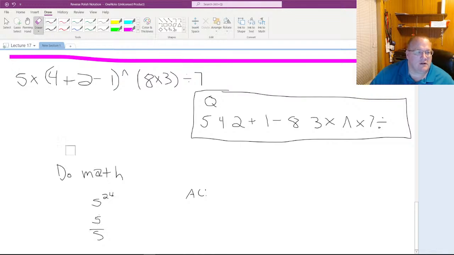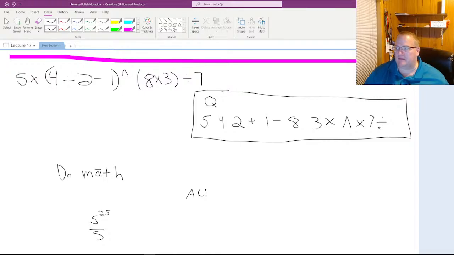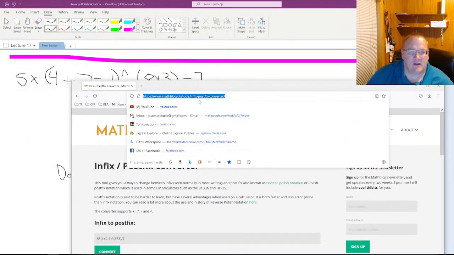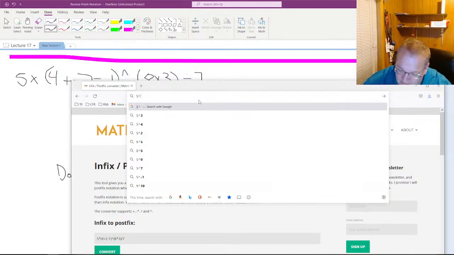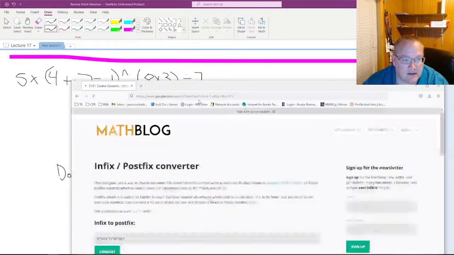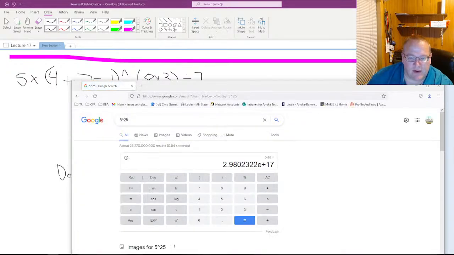Oh. That is 5 to the 25th power. Divided by 7. Okay. 5 caret 25th power equals some really big number divided by 7 equals. There's our answer. Some really big number.